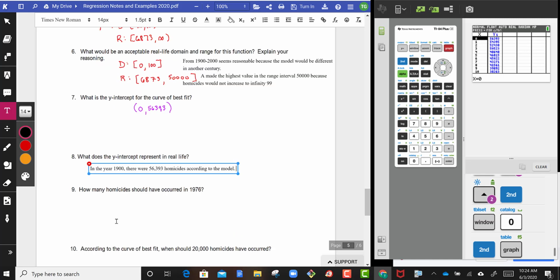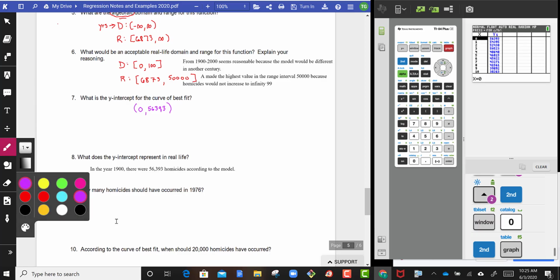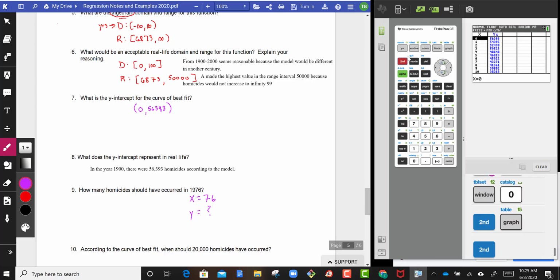Number 9 says how many homicides should have occurred in 1976. So they give us an X value of 76. We need to find the corresponding Y value. So one more time, second window. Let's tell the table to start at 76.